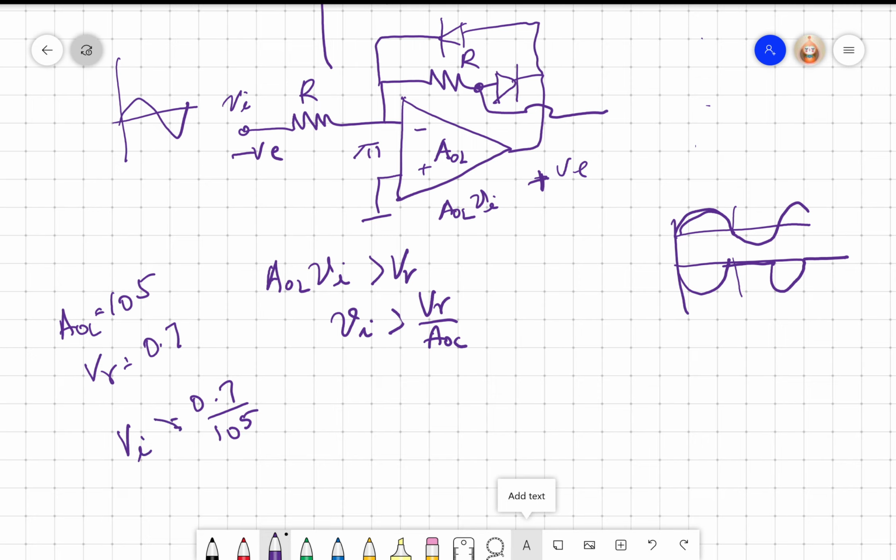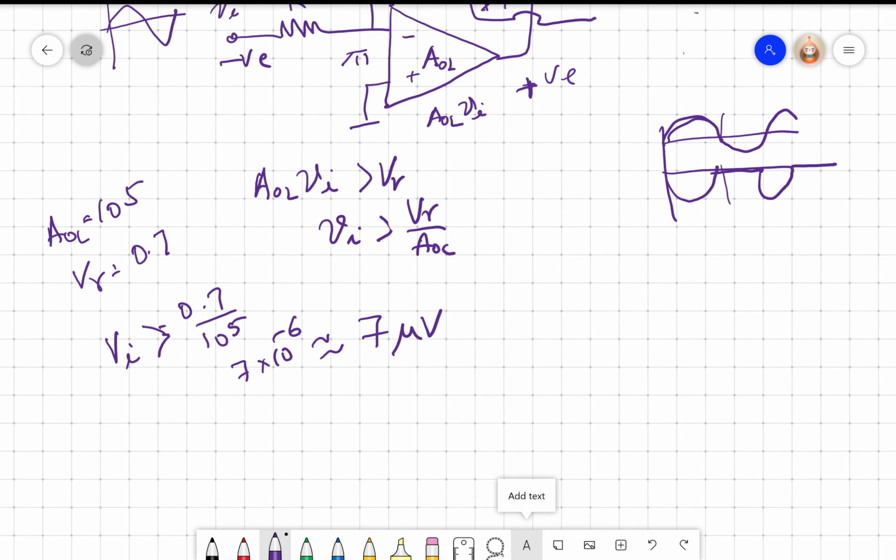When Vi is greater than 0.7 by 10 power 5, the op amp circuit will still rectify the input. So 0.7 into 10 power minus 5 is approximately 7 microvolts. So even if my input is greater than 7 microvolts, my half wave rectifier will work, right?